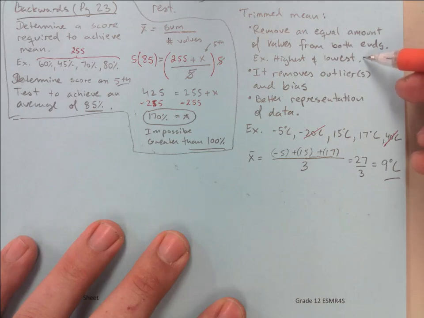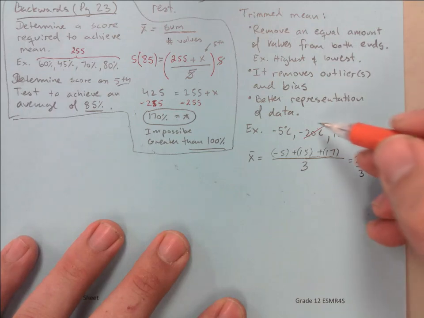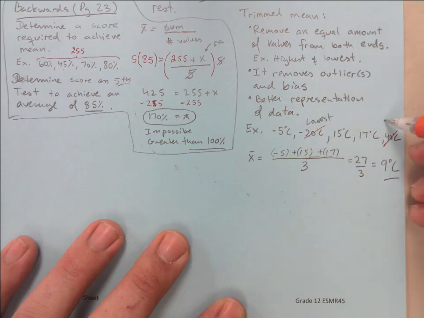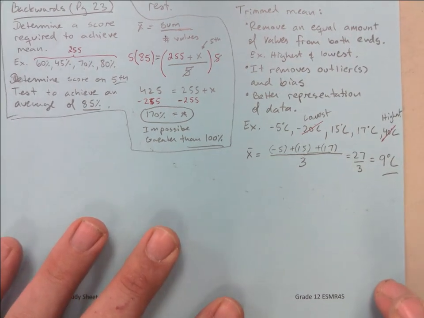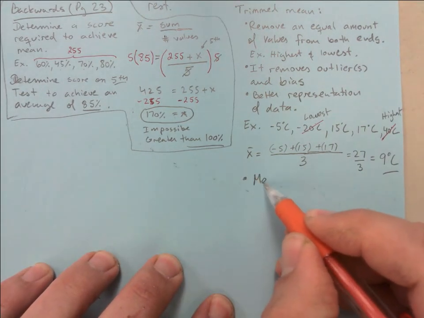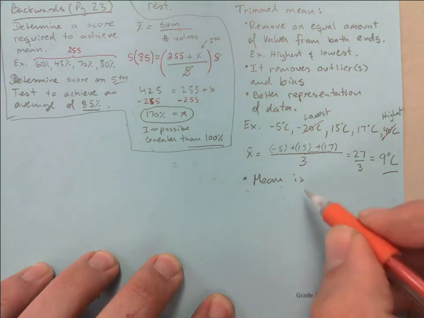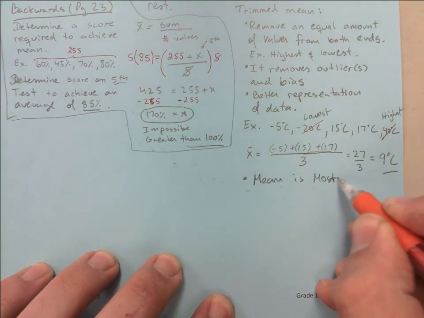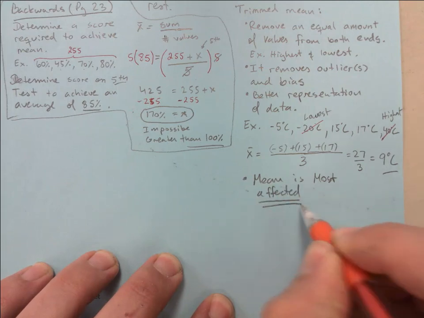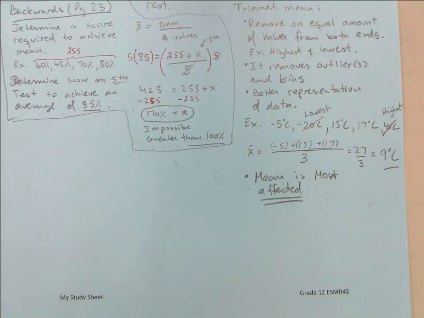I'm going to go lowest. This one is highest. One more. Mean is most affected. The mean is most affected by trimming the mean.